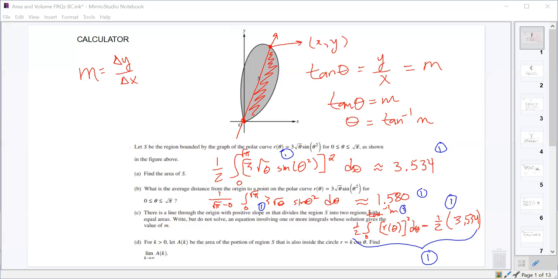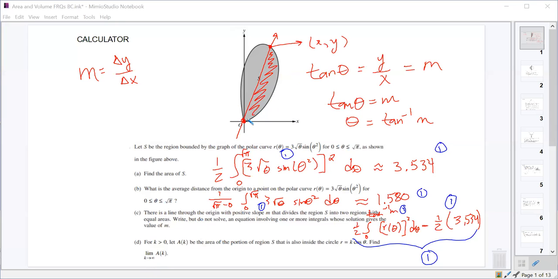K cosine theta is just a circle that lies in the first and the fourth quadrants. And as the value of k gets larger and larger, the circle gets larger and larger, staying still in quadrants 1 and 4.